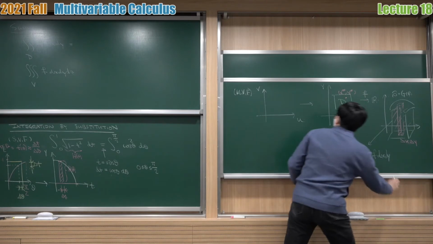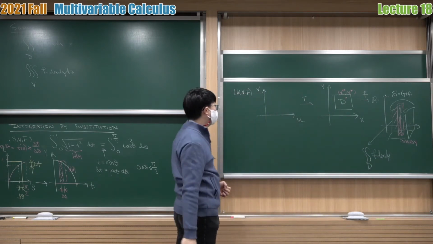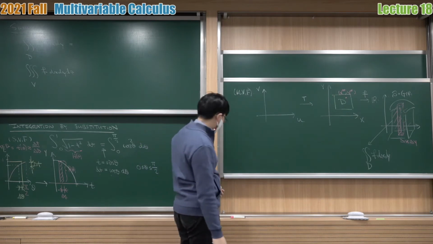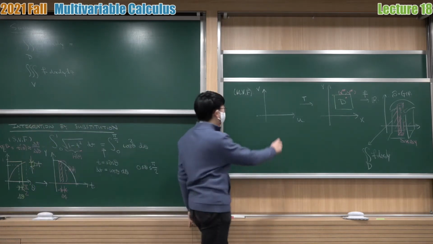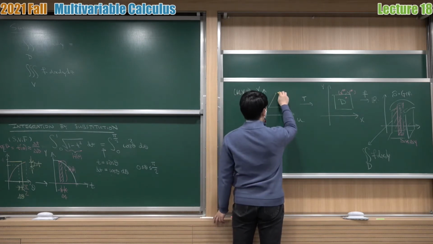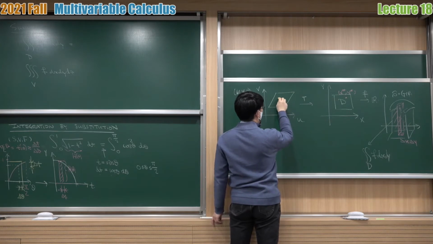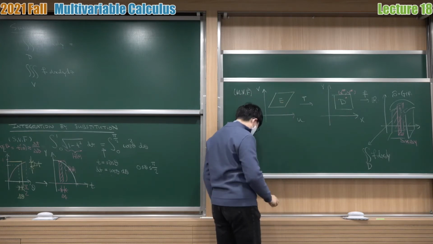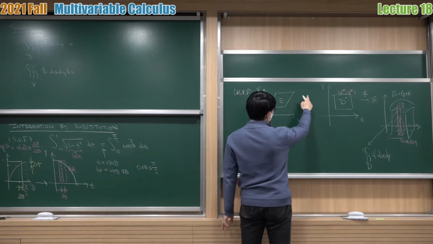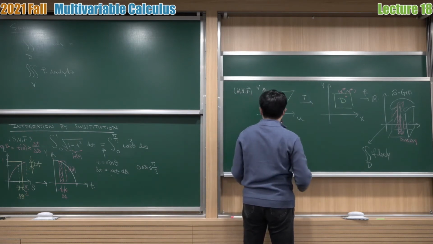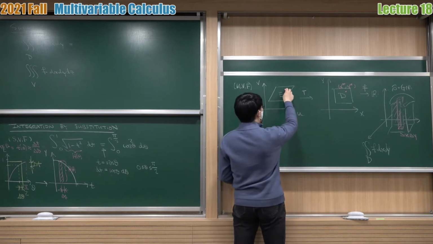So I'm going to introduce another function called T. T stands for transformation. Let's say my transformation maps E, which is another name for domain, to D. This transformation is one-to-one, which means that I have an injective mapping.